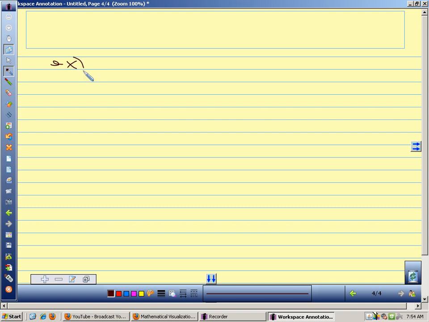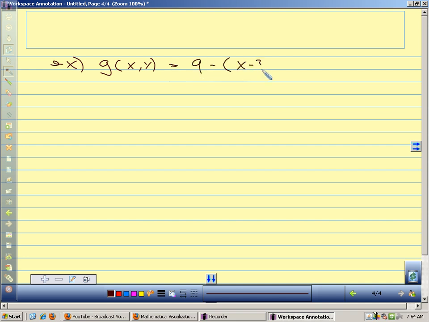So for this first one, we're going to say that g of x, y is 9 minus (x minus 3) squared minus (y minus 2) squared. And we want to find relative extrema for this function.